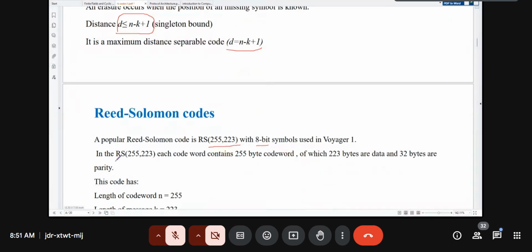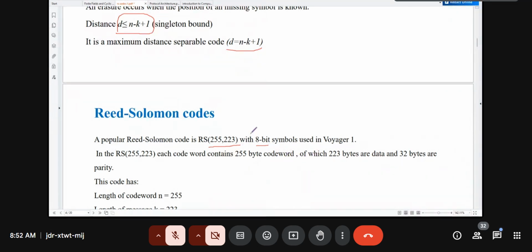So in the RS (255, 223), each code word contains a 255 byte code word. Actually, this is 255 bytes. And of course, we are calling it bytes because they are symbols. They are 8-bit symbols. So in this particular case, these are bytes. Yeah. So it contains a 255 byte code word.